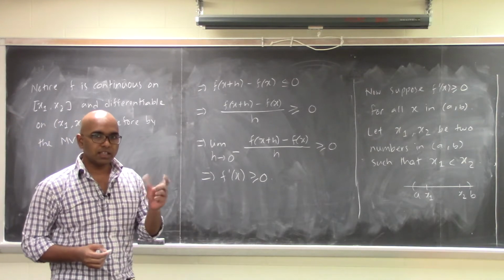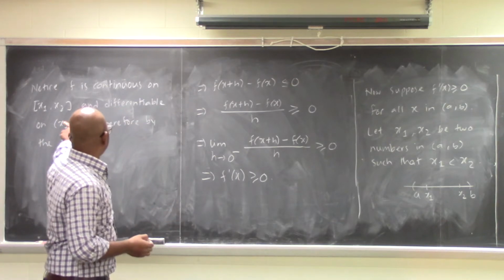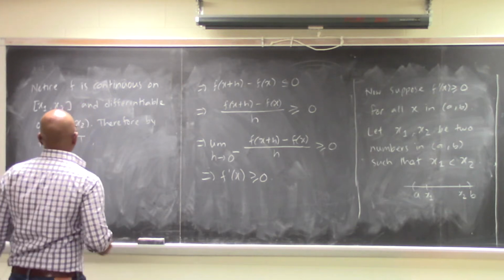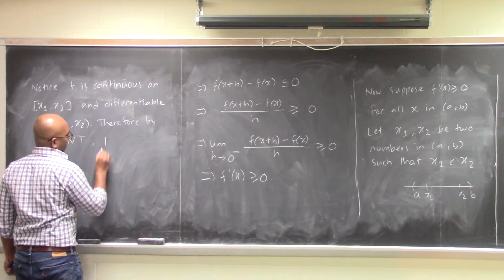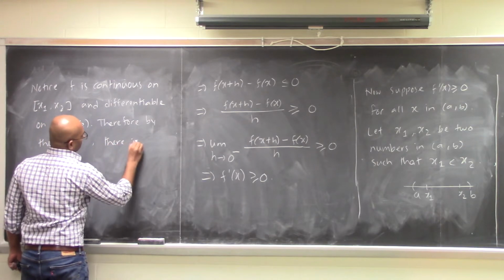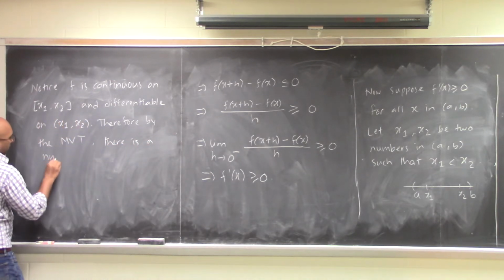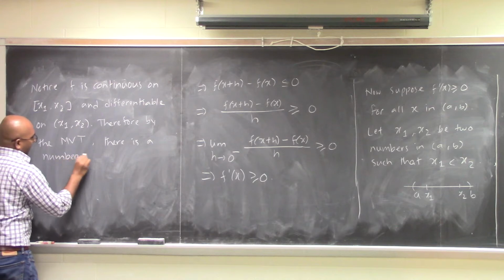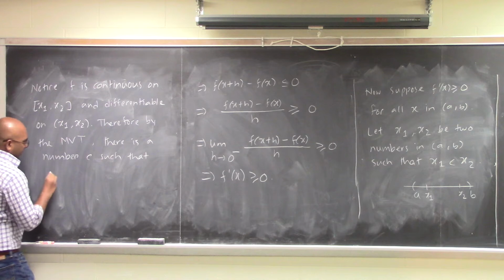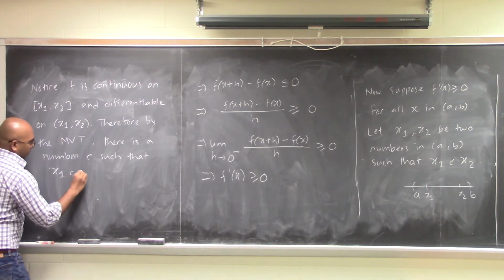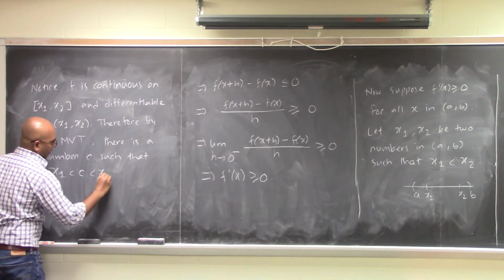There should be a number c in between those endpoints, right? There is a number c such that, so that number is coming from the open interval x1 to x2, okay?